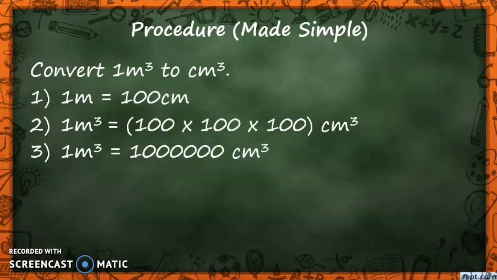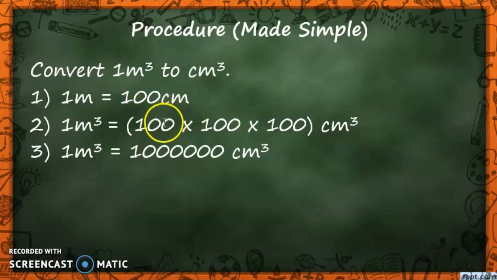But here it is in a more simplified manner. Step 1, we look for a metric conversion. We know that 1 meter is equal to 100 centimeters. Then, knowing that we are moving from meter cube to centimeter cube, we simply use our conversion, which is 100 centimeters, and we multiply it 3 times by itself.